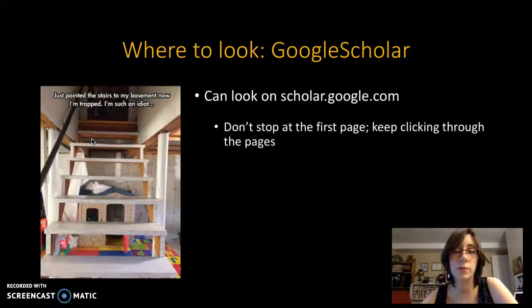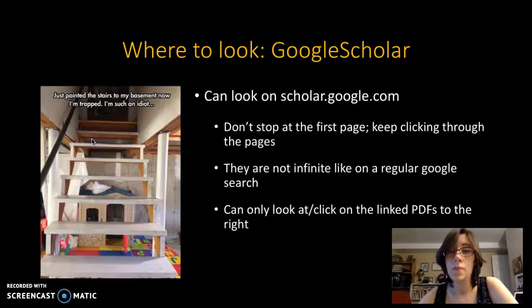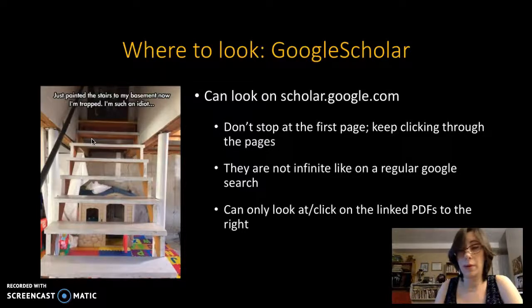It works a little bit differently than regular Google. So keep clicking through the pages. The first page is not going to have the best resources necessarily. Also, there's going to be a finite number of pages. It's not infinite, okay? And I would personally look at or click on the linked PDFs. You can usually see those to the right, and I'll show you that in a little bit, okay?